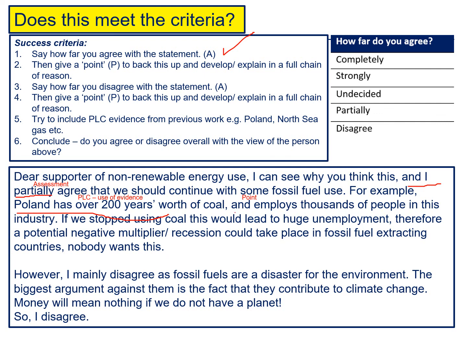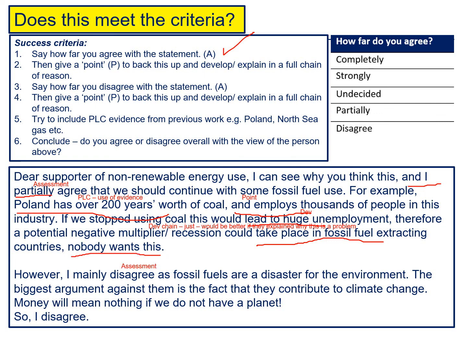They've given another point here where they've said they employ thousands of people. They've developed it where they said this would lead to huge unemployment. They've used a chain of development here, a chain of reason, but it would be better explained why this was a problem. So why is this a problem? They haven't written that. They've just said nobody wants this. But why is it a problem?